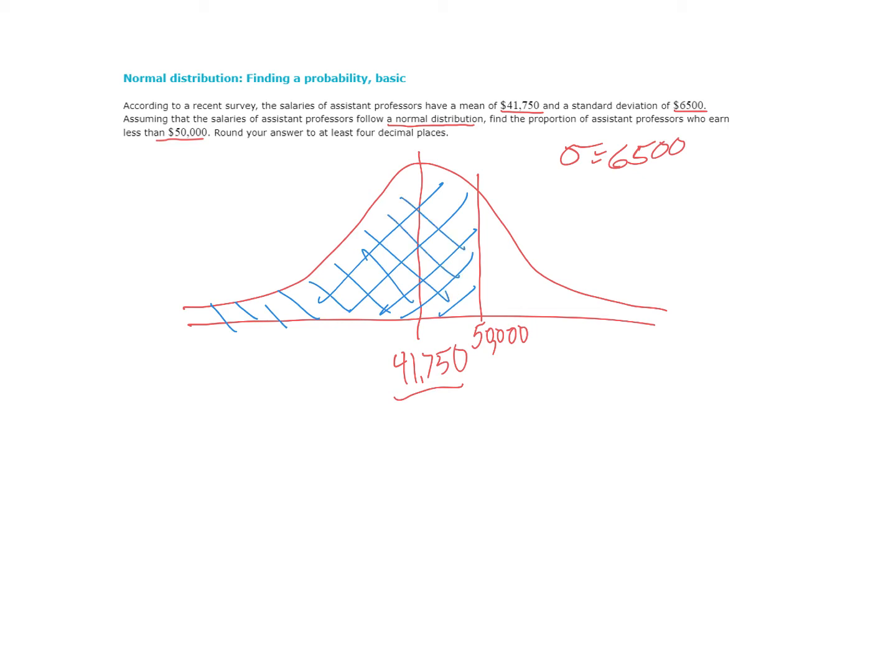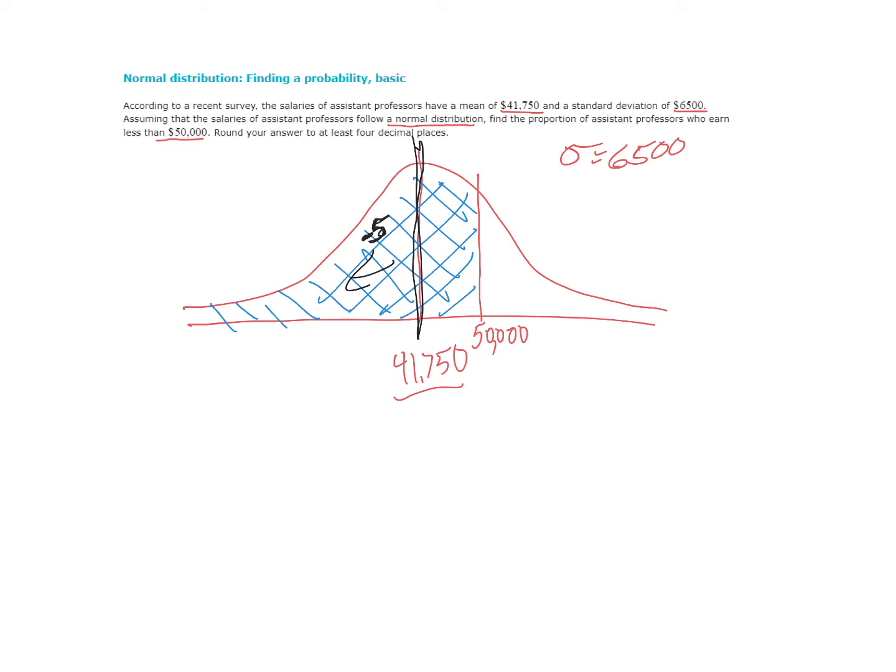Even before we start, I'm hoping you're thinking that this area is going to be over 0.5, because from here over is 0.5. The area under this normal distribution curve is 1, so I've got half on one side, half on the other.